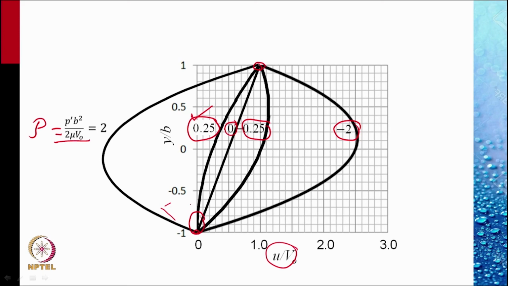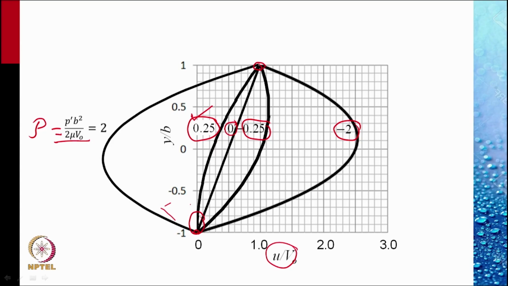That means at this pressure gradient, the lower plate does not experience any shear stress. If the velocity gradient is 0, that means the shear stress is 0. So there is no shear stress on the lower plate.